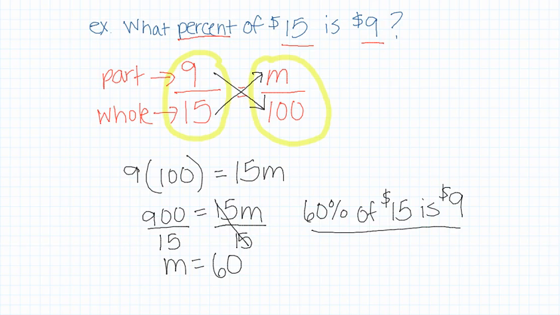And so we plug those two in, we plug our 100 in, and we can determine what percent it is that $9 is of 15 by using our percent proportion. Same in example number 2, except we're looking for that part. We're not looking for the percent in this case. So given any two numbers, you are able to complete this percent proportion and determine percents.